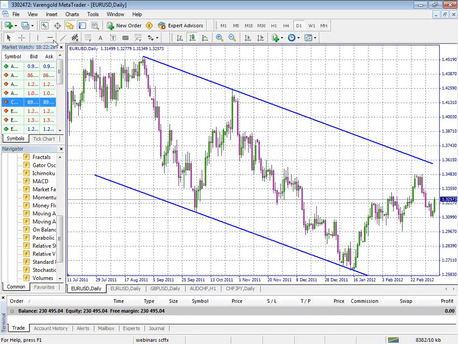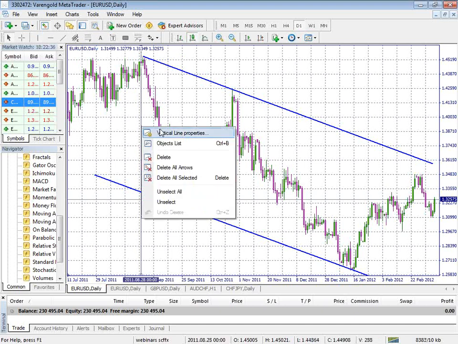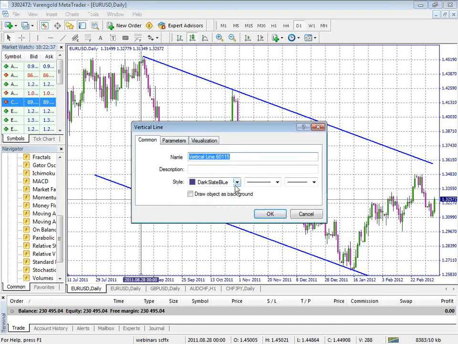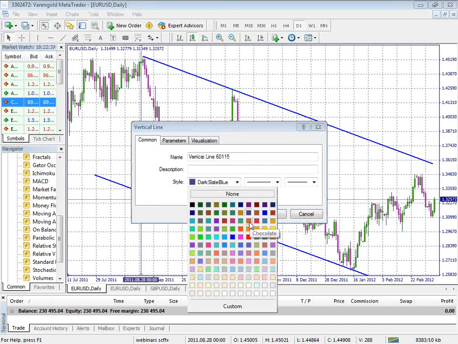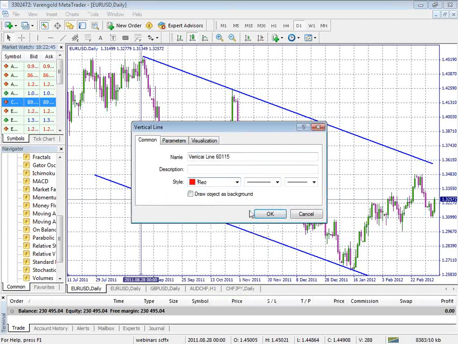So I will put some vertical lines. I'll make them another color in the ticket so I can change the color. I will make them red to be more visible, and I will make some lines more visible too.